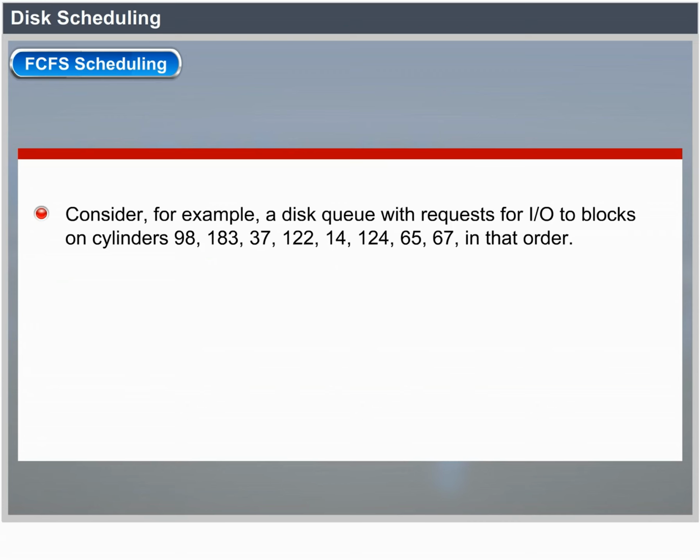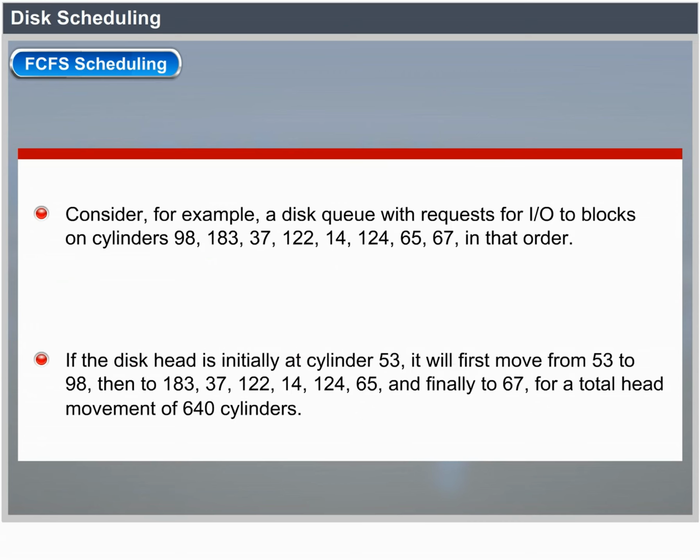If the disk head is initially at cylinder 53, it will first move from 53 to 98, then to 183, 37, 122, 14, 124, 65, and finally to 67, for a total head movement of 640 cylinders.